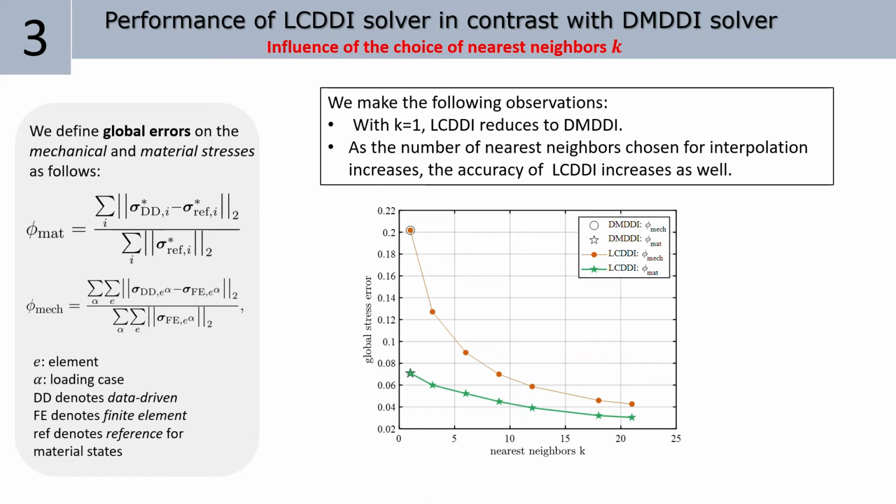First, if the number of nearest neighbors is equal to 1, LCDDI reduces to DMDDI, which goes without saying, since each mechanical state is only looking at one closest material state for its interpolation. And as the number of nearest neighbors increases, we can see that the error decreases as well. And that means that the greater the number of material states that LCDDI can use for interpolation, the better its performance.